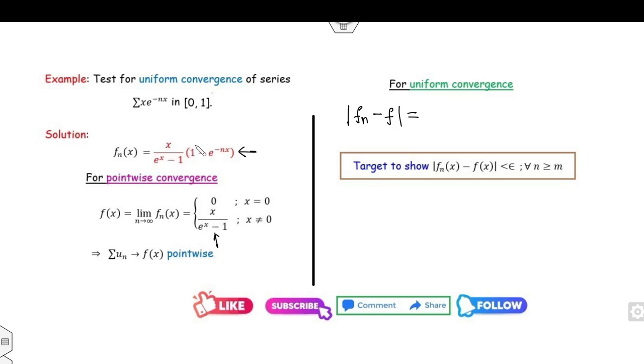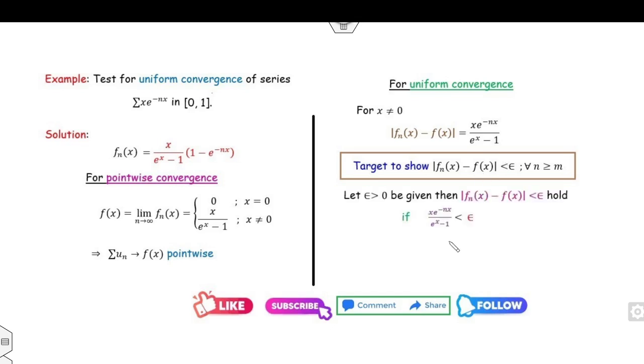If you subtract them, this expression will be cancelled out and your expression becomes this term. I can substitute the value in this case and try to find the value of n. So it is x e raised to power nx less than epsilon times this. I can divide by x on both sides, take the logarithm, and then we can get the value of n.